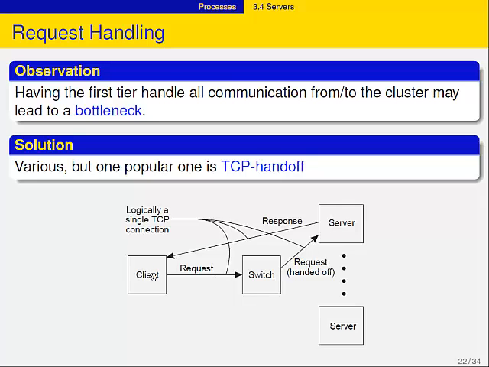Every request sent by the client, also read requests, will flow through the switch, who will have remembered to which server it had handed off that specific TCP connection, and the server will actually throw a lot of data back to you, like a full web page, for example.